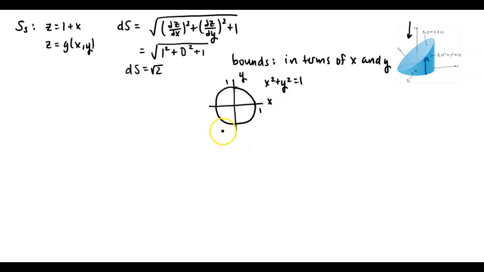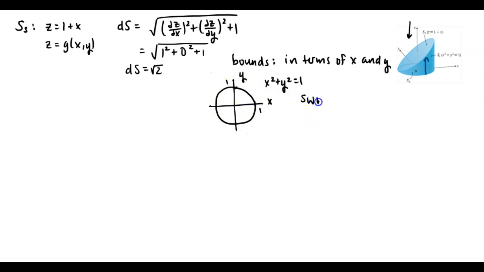Now it gets a little bit funky here because if we set up these bounds in terms of x and y, it would get a little bit weird. We'd have some negative square root of 1 minus y squared, to positive square root of 1 minus y squared, for x, for example. We know that the best way to describe this is just using polar coordinates.